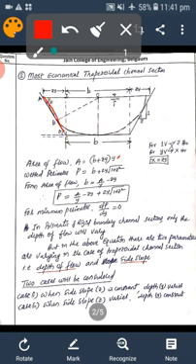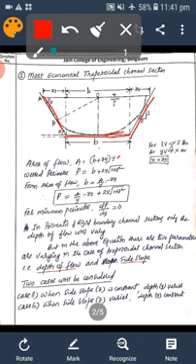That is this one, this one and this one: the bottom width of the channel and the lengths of the two side slants. Then how can the wetted perimeter be obtained? P equals B plus 2Y root of 1 plus Z square. Then you may also ask how this 2Y root of 1 plus Z square comes.